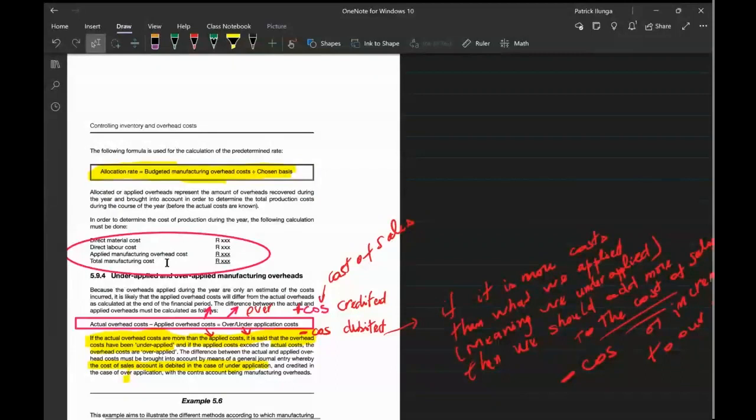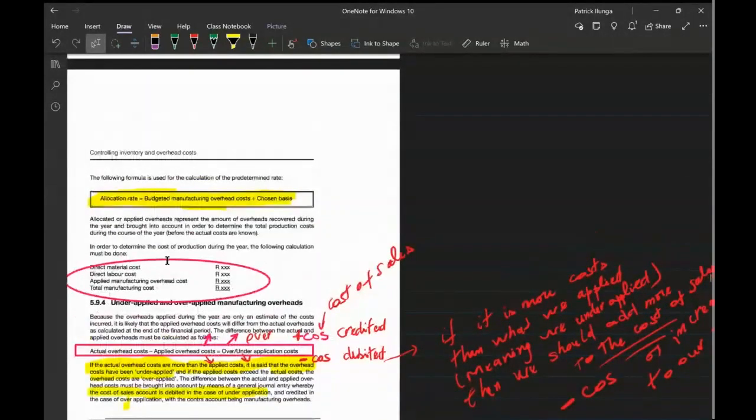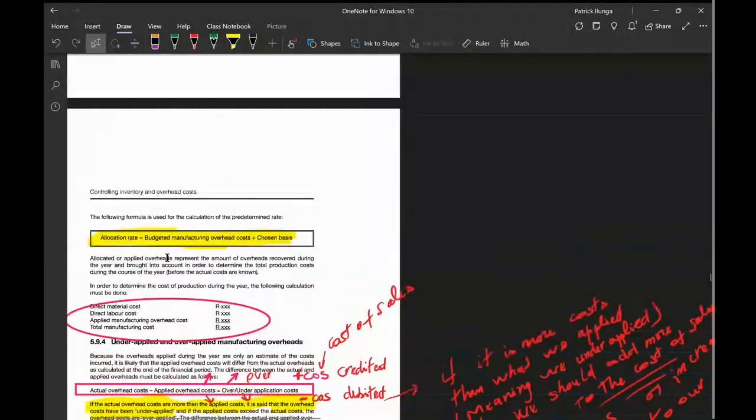What is the allocation rate? The allocation rate is when we're looking at the budgeted manufacturing overhead cost. Remember, the whole exercise is to take the indirect cost and to allocate it to the main production department.